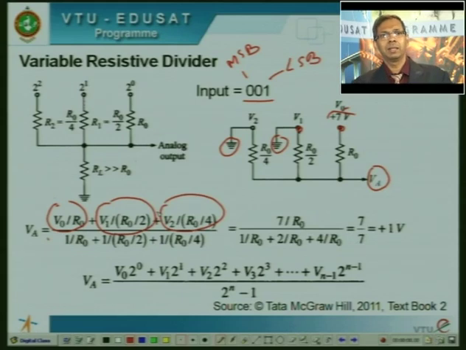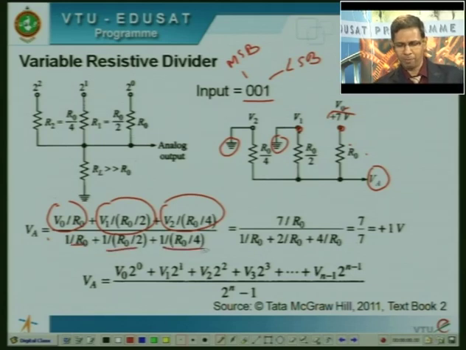The entire thing becomes the numerator. The denominator simply has the sum of all the conductances, which is 1 upon R0, 1 upon R0 by 2, and 1 upon R0 by 4. This is what Millman's theorem says.